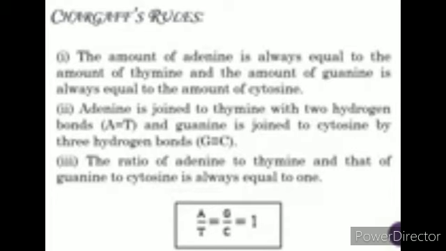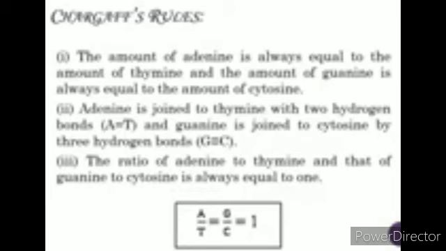A purine is paired with a pyrimidine by hydrogen bonds. This is called complementary base pairing.